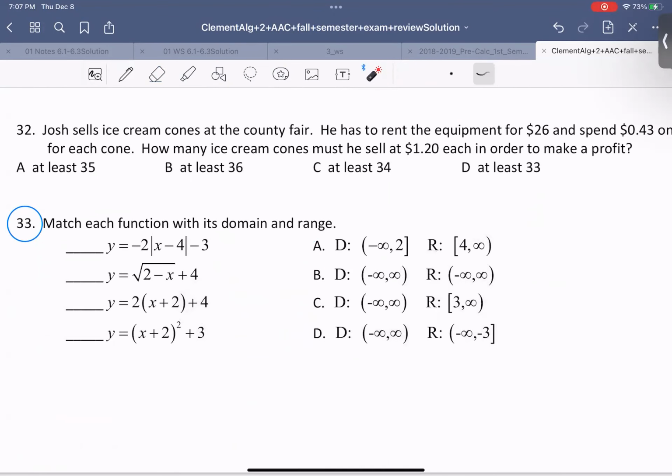Let's do this matching. I want you to tell me your A, B, C, D in the correct spot.